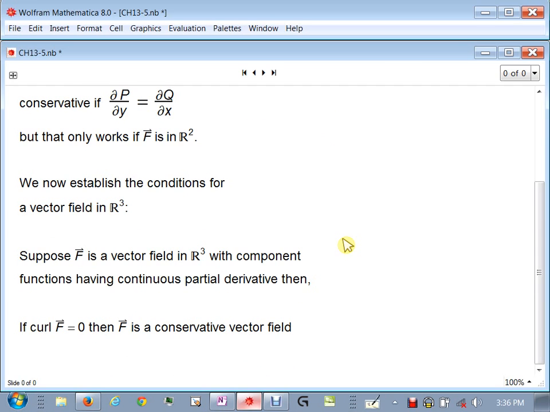This is beautiful. Look at it. So simple. If the curl is 0, it's conservative. But it would have to be conservative everywhere. I mean, it would have to be curl 0 on the entire field. Then it's a conservative vector field.